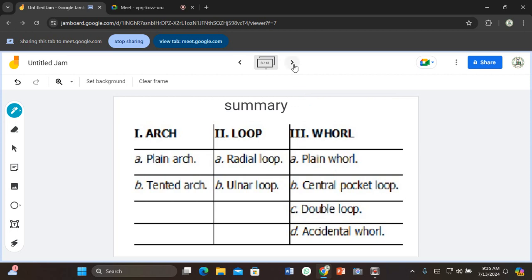And we said that in loop, we use something that is very vital for identification, and that is ridge counting. Ridge counting is when you locate core and data, and you count the number of ridges between them.